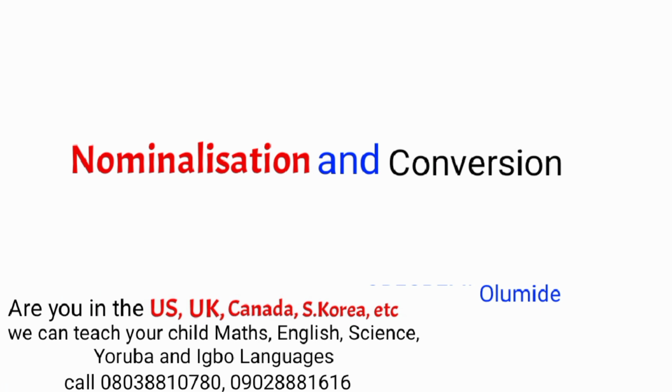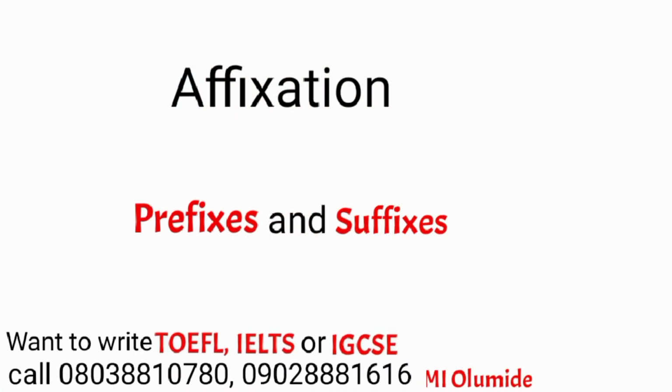We're going to see nominalization and conversion. For you to understand the idea of nominalization, you have to understand what we call affixation. It's another topic. Affixation comprises your suffixes and your prefixes.